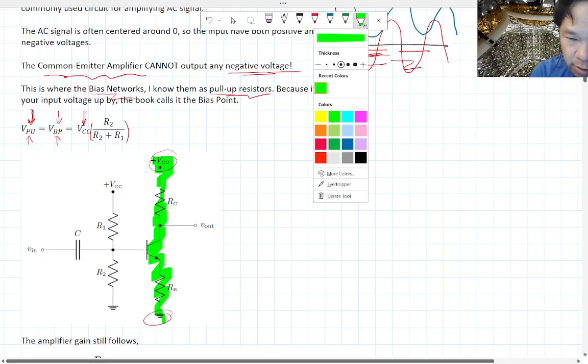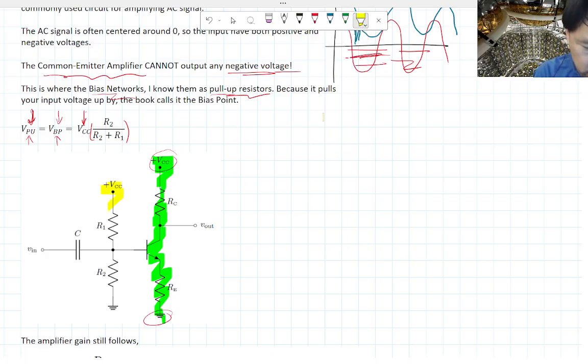And over here in yellow, you basically have a voltage divider before the input into the base of the transistor. Whatever AC signal you're sending in, you're adding this amount of voltage to it, which is a DC voltage, so that you pull up the signal so that you don't have a negative swing in your input anymore.